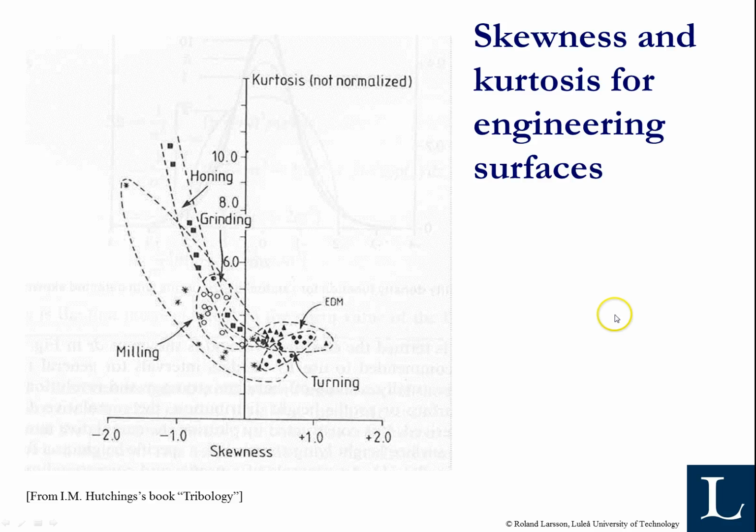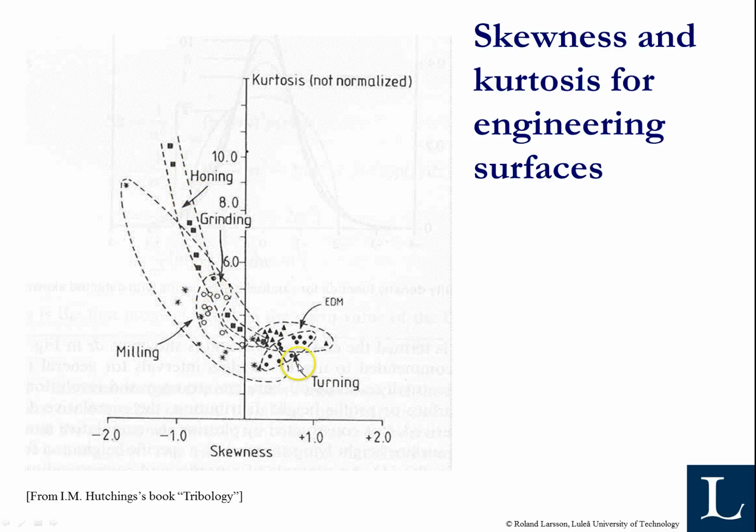This is from Hutchings' book, showing how the different engineering surfaces have different skewness and different kurtosis. So as I said, negative skewness is normally good for a tribological surface. So a honed surface, that's what you do in a cylinder liner in a combustion engine, for example, has a negative skewness like this.